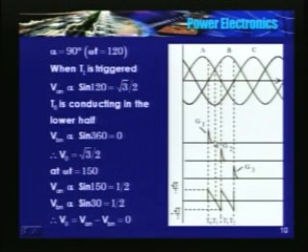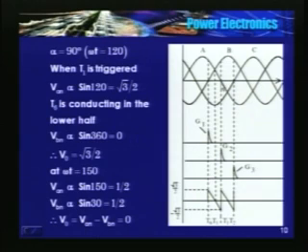Now what is output voltage just prior to triggering T2? VAN is 180 minus, it is approximately equal to 0. VBN is sin 60 minus, it is approximately root 3 by 2 itself.